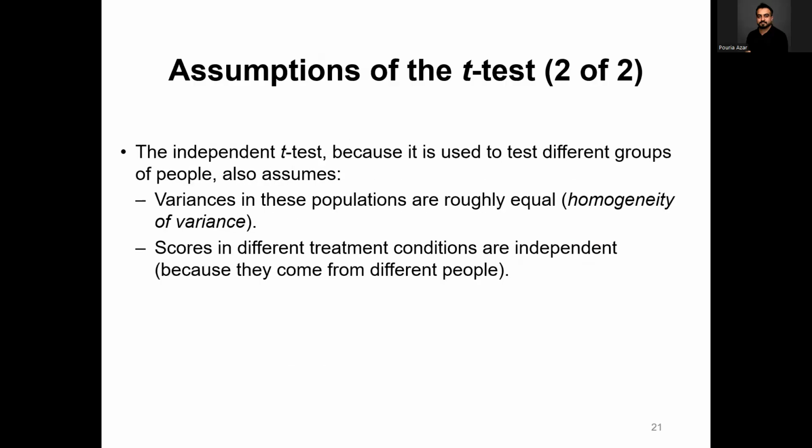We have to have homoscedasticity or homogeneity of variance, which means variances in those populations are roughly equal. And also I have to have an independence assumption. So scores in different treatment conditions are independent because they come from different people. So these are the assumptions for independent t-test.